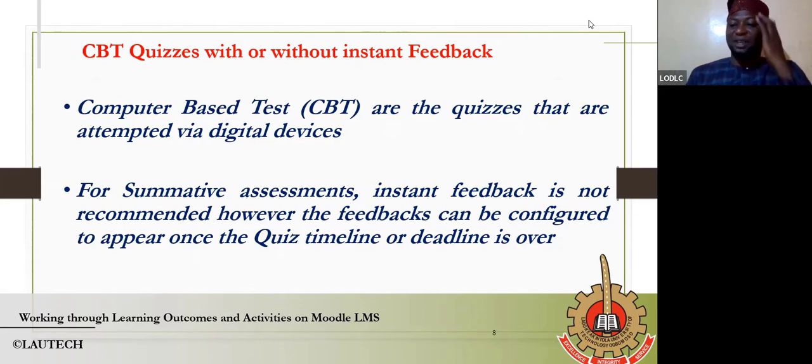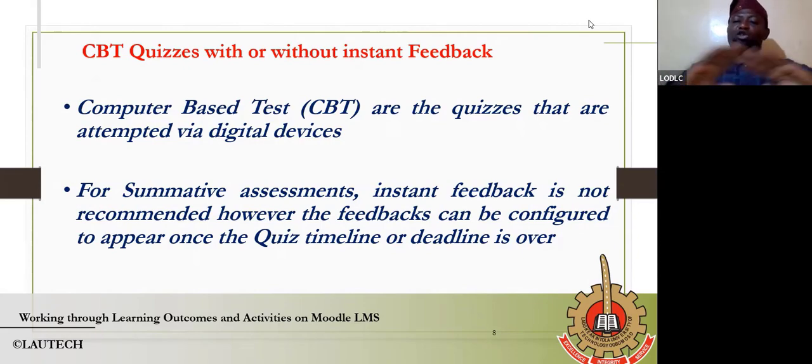For summative assessment, instant feedback is not recommended. The reason is that in summative assessment, the grades are always recorded. Do you understand? If you provide feedback, the student might see everything before the quiz ends. But when you give the student a quiz and do not provide feedback, the student attempts the quiz and learns many things.